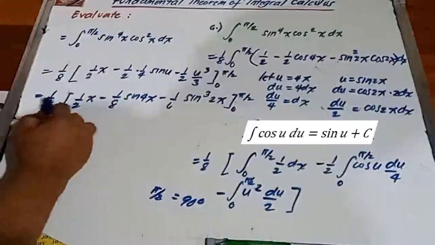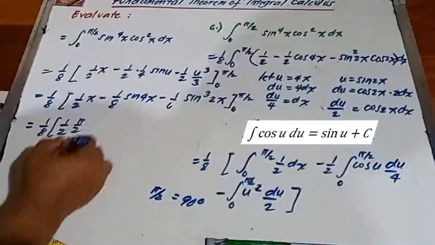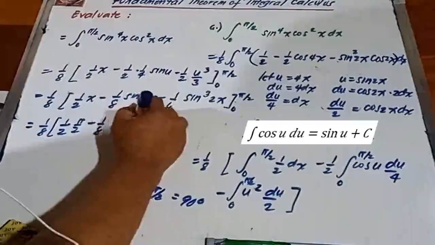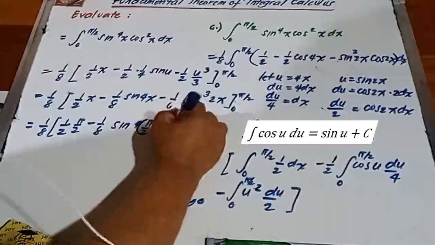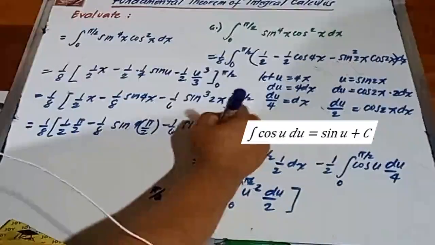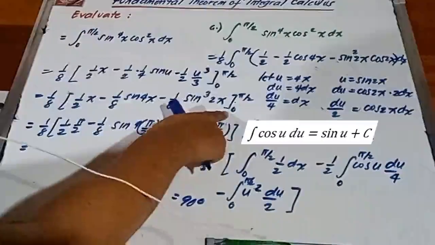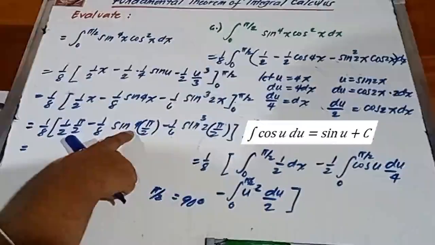So, 1 over 8, 1 half pi over 2. Minus 1 over 8 sine 4 times pi over 2. Minus 1 over 6 sine cube 2 times pi over 2. Hindi natin substitute yon. So, pi over 2 times 4, 90 times 4 is 360.